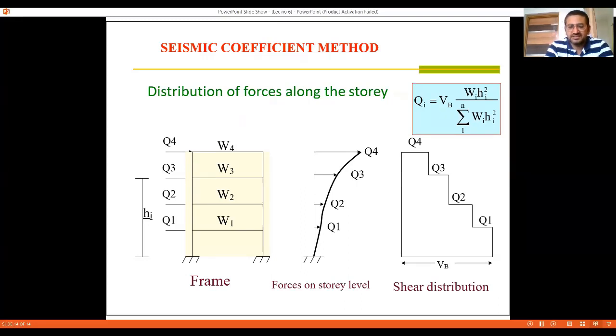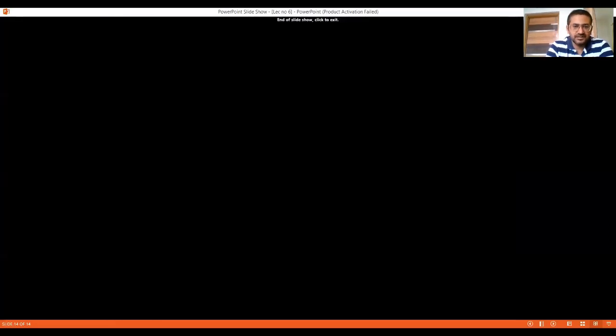As you can see, the maximum value of base shear will be at the ground level, and as you go above, the value of base shear is going to reduce. However, the distribution of story force will be in the reverse direction, that is, the maximum will be at the top level and minimum at the bottom. And again, the value of Q can be found out using the formula that we have already seen.